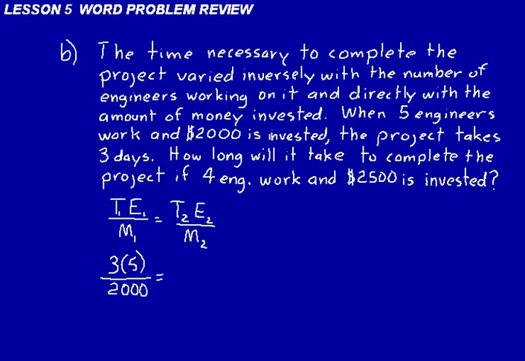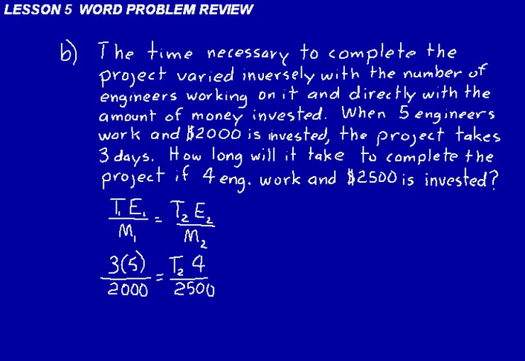That's equal to, when we have T2, we're trying to find that. So how long will it take? We're solving for T2 when there are 4 engineers and $2,500 invested.